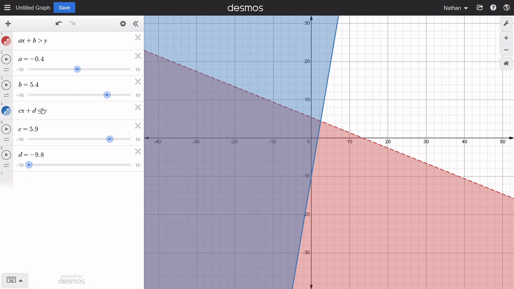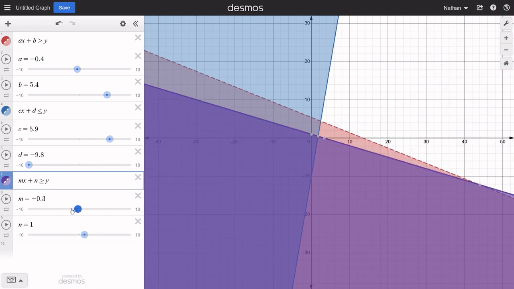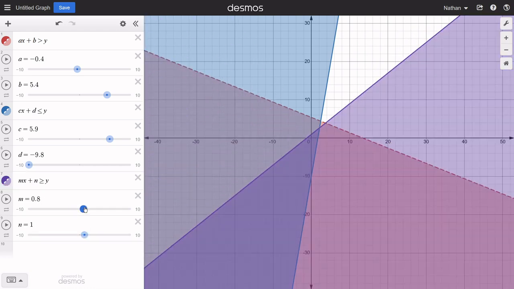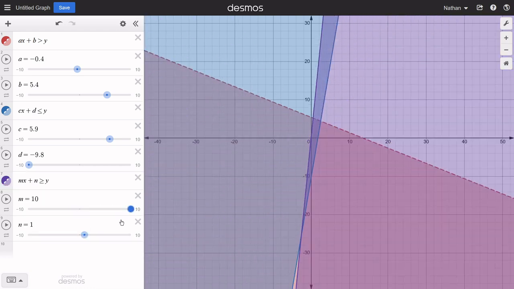And so there's no real distinction for only 2, right? We can have as many as we want. We could do, let's see, mx plus n is greater than or equal to y. And here, let's do something like this.